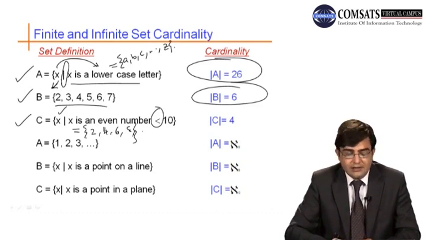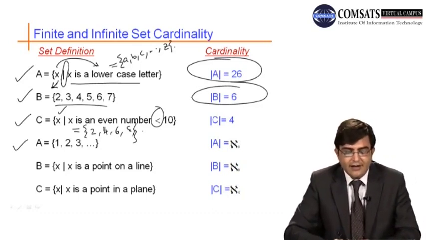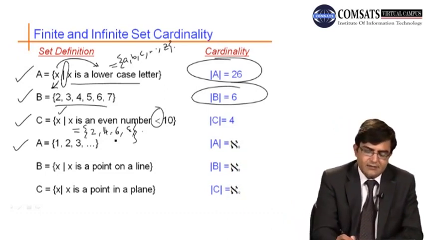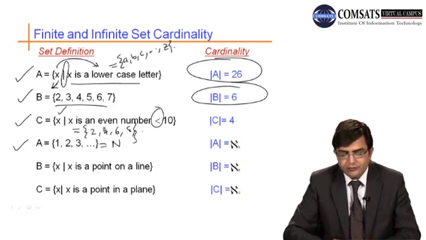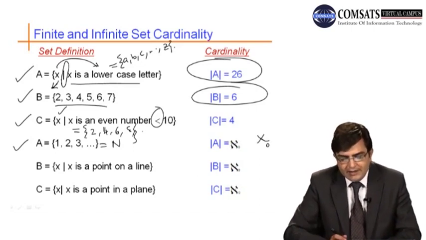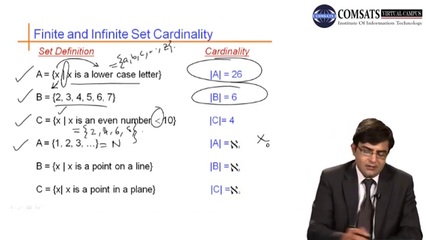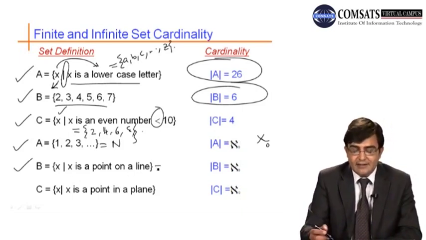Now there are some infinite sets, for example A, which contains infinitely many elements, 1, 2, 3 and so on. This is basically the set of natural numbers, and for the time being you remember that the cardinality of the set of natural numbers is denoted by this symbol. Similarly, for set B, x such that x is a point on a line, this is also an infinite set.